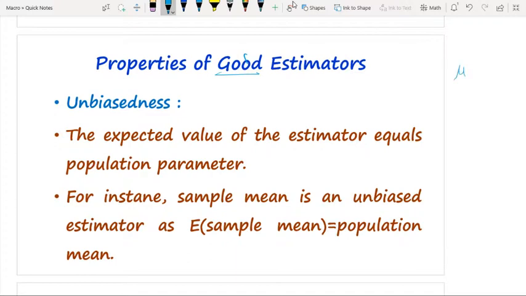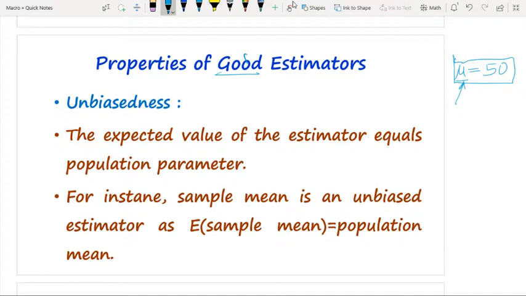For example, suppose our population mean is 50. In most cases, it cannot be calculated. For now, for illustration purposes, let us consider that the true population parameter is 50. So an estimator, to be a good estimator, should be as close as possible to 50.